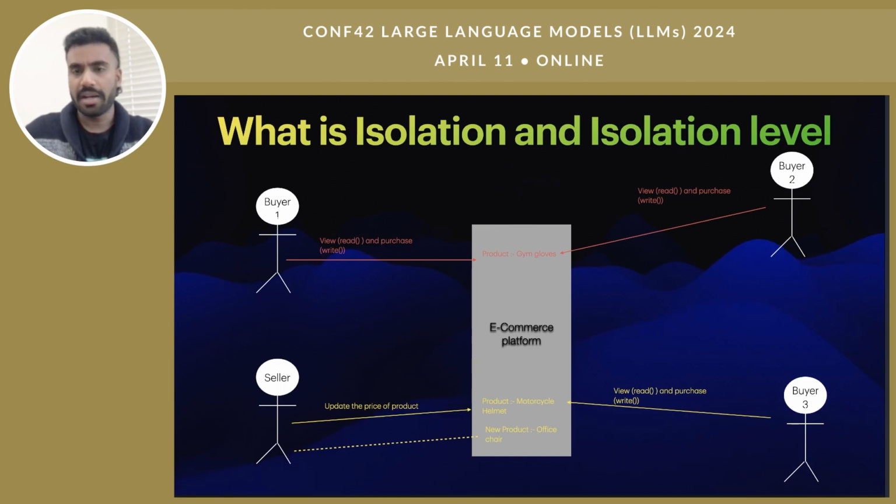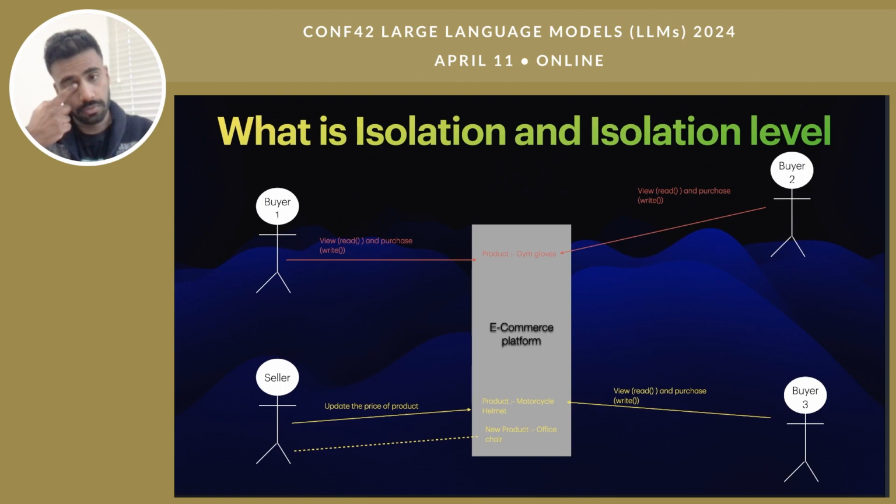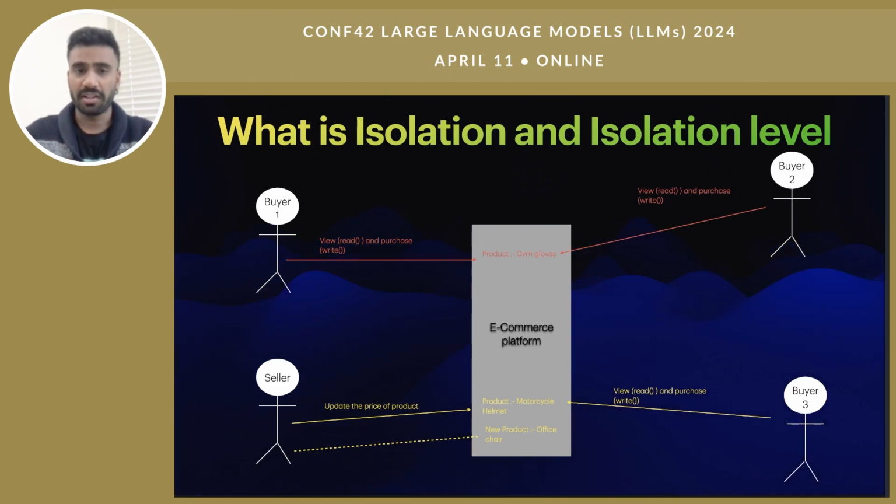Buyer one and buyer two are trying to view and purchase the same product, the gym gloves here. Buyer three is trying to read and write a couple of products, like a motorcycle helmet and an office chair, at the same time, while the seller is trying to update the price of a product. So a lot of concurrent things are happening here.